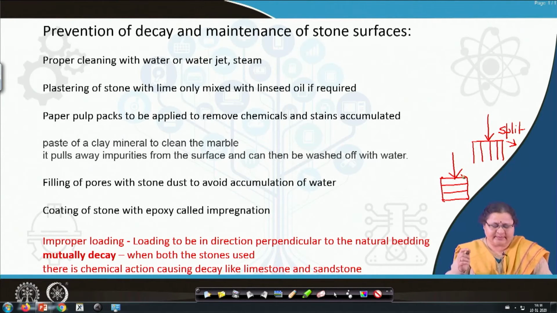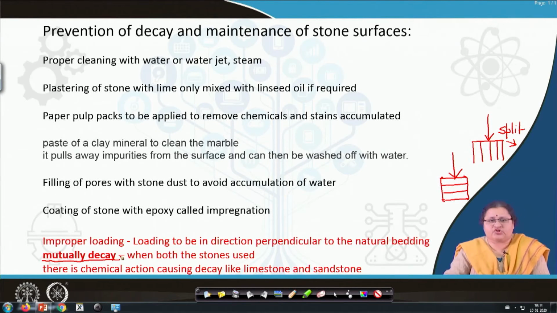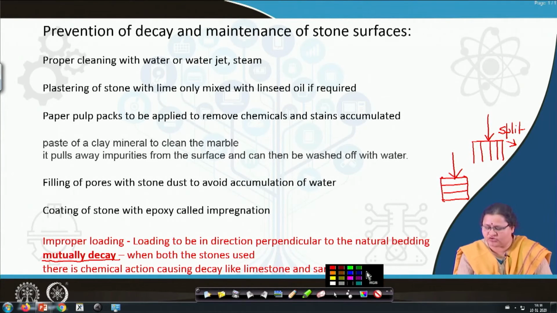You see another major point, which is mutual decay. When two different stones are used, minerals of one stone may react with the minerals of the other stone, which is quite obvious. This is mostly watched in limestone and sandstone.